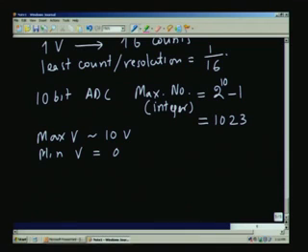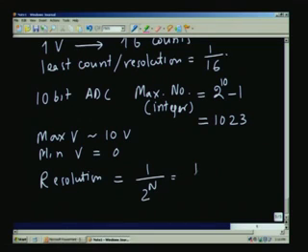So, you can see that the resolution is equal to 1 over 2 to the power of n, really 1 over 1024, and that is going to give you 0.00977.